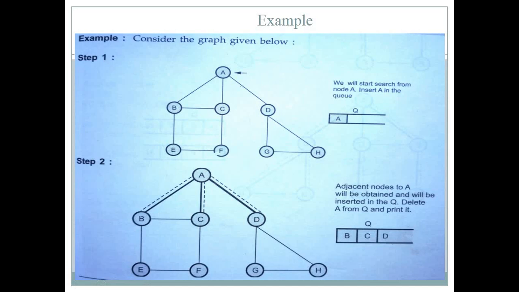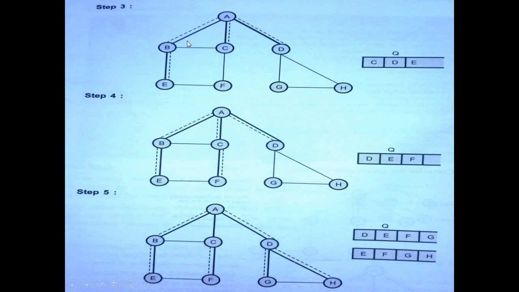Now we have to start exploring all the nodes. So here the first node is B. So we have to explore node B. After exploring, we will know that from B we can go to the C node, as well as from B we can go to the E vertex. C is already visited, so we will add only E into our queue. Again, after we explored B, we have to explore another node.